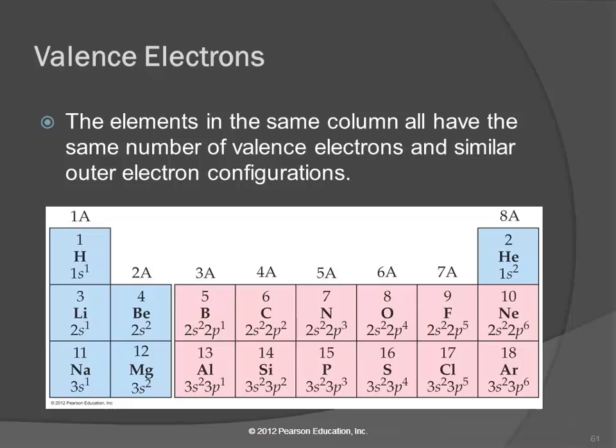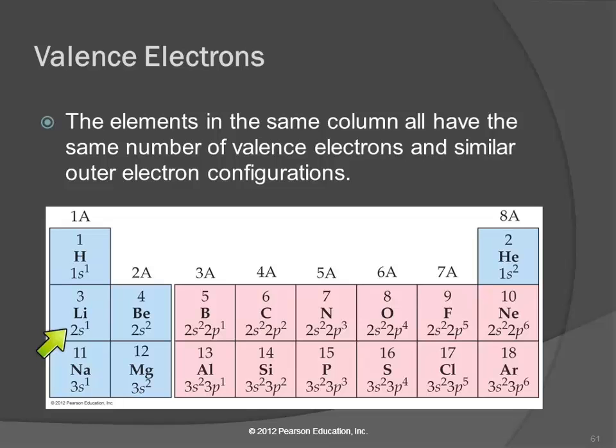So here's a section of the periodic table. We've taken the first 3 rows and just squished them together. What they're showing us is the valence electron configurations. For lithium, the highest level is 2, and there's 1 electron in there.